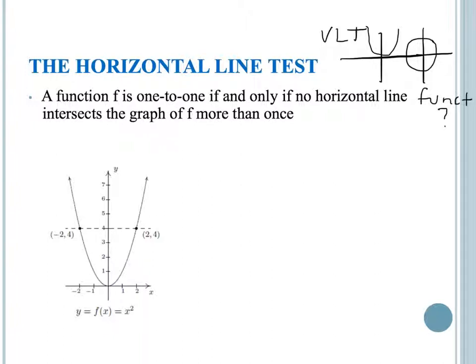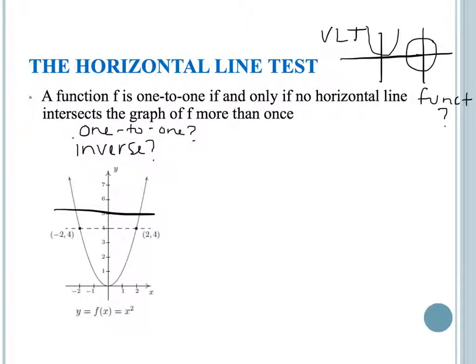Now our question is, do we have an inverse? So we have a different test. This test is our function 1 to 1. And we're using the horizontal line test. So if we draw a horizontal line here, clearly it's flunking.